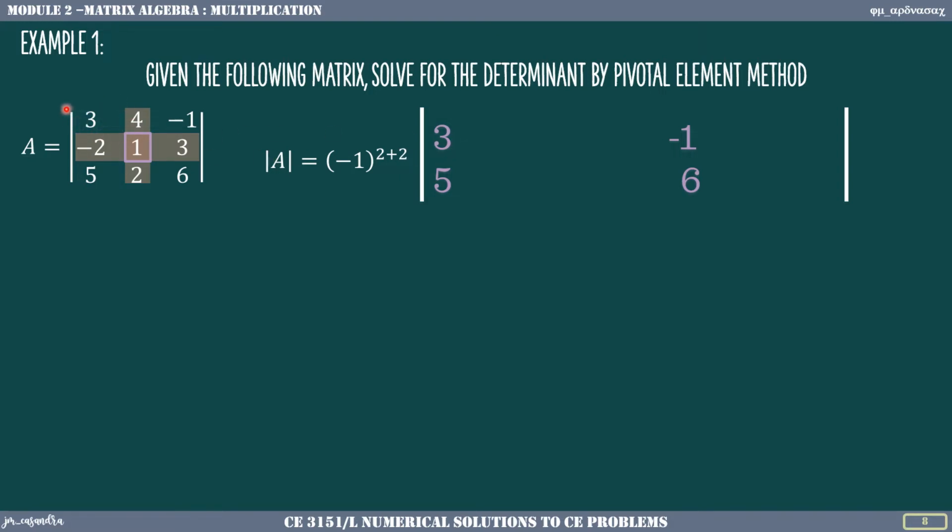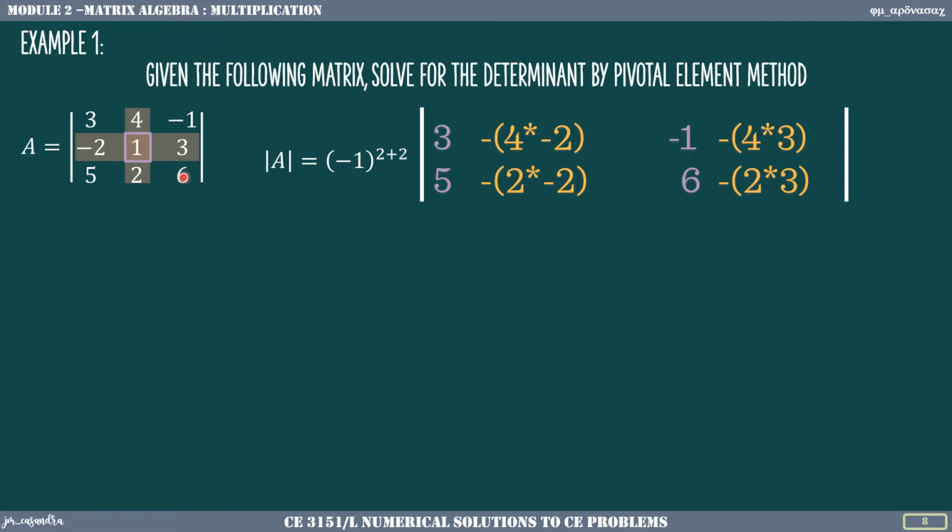So for 3, that will now be minus 4 and negative 2. For 5, that will be minus 2 times negative 2. Then for 1, that will be minus 4 times 3. And for 6, that will be minus 2 and 3.